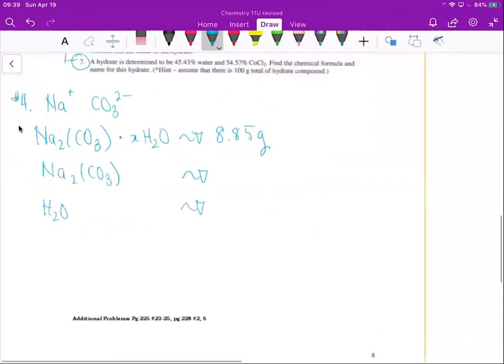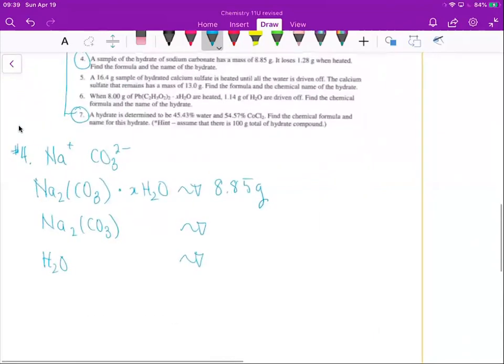And it gives us the information in the question. It loses 1.28 grams. That's the amount of water. And when you subtract those 2 numbers, this amount, 7.57 grams, that is the anhydrous amount.